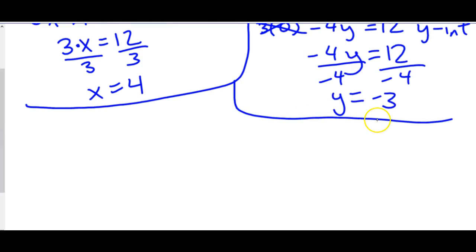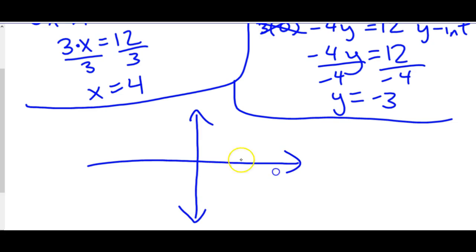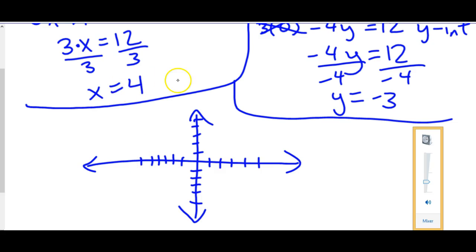So now that I know my x and my y-intercept, I can get a graph. The x-intercept is where the line crosses the x-axis, and the y-intercept is where the line crosses the y-axis. So that means x equals positive 4 on the x-axis.